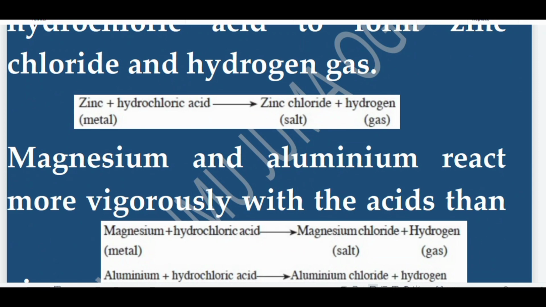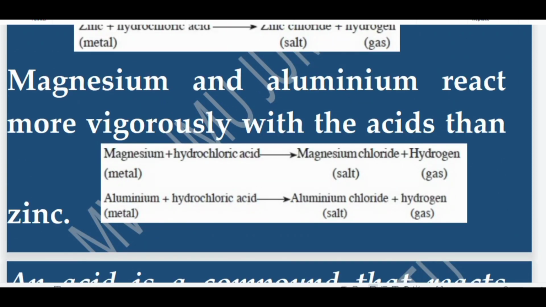Magnesium and aluminium react more vigorously with the acid than zinc. Magnesium reacting with hydrochloric acid gives magnesium chloride and hydrogen gas.